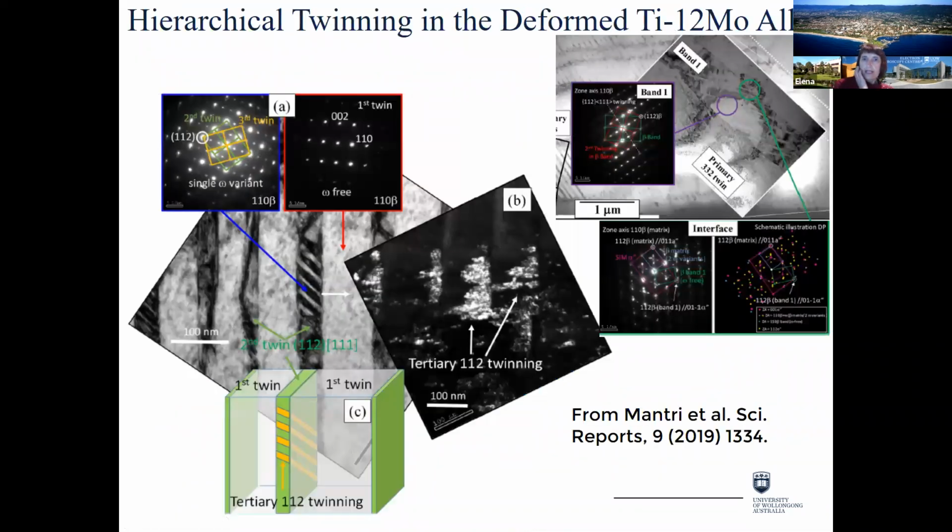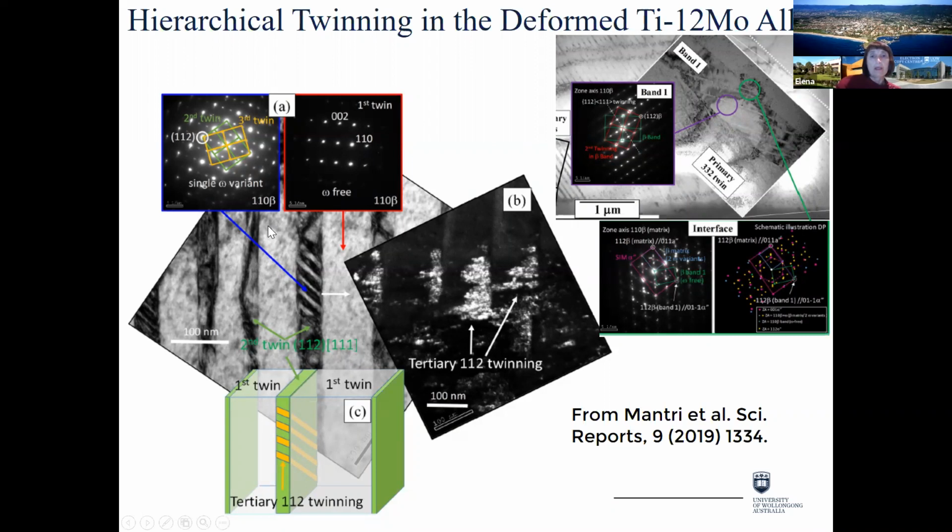There is a very interesting hierarchy of different products formed in these titanium alloys. This is not our work, but I would like to give you two examples, one for a titanium-molybdenum alloy and one for a titanium-10vanadium-2iron-3aluminum alloy.